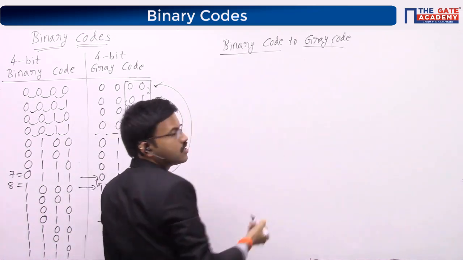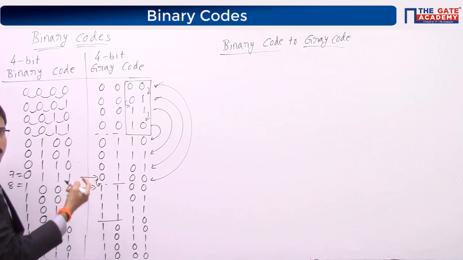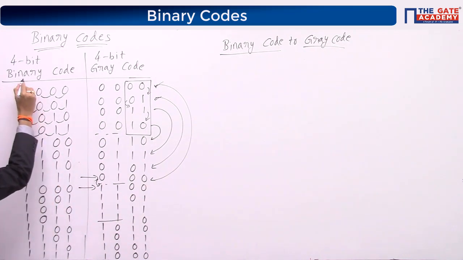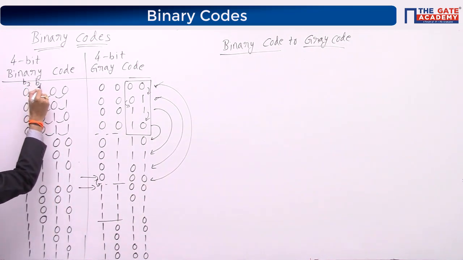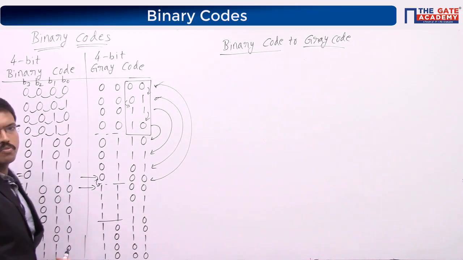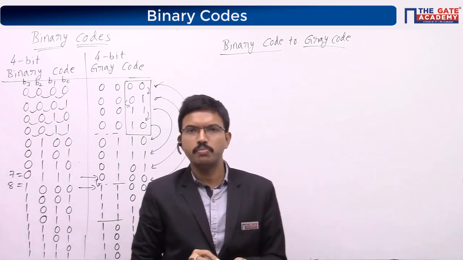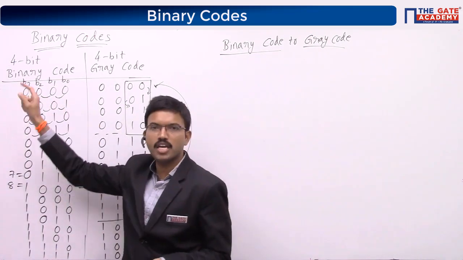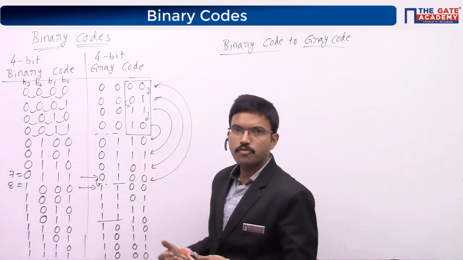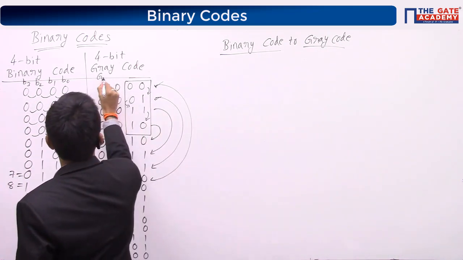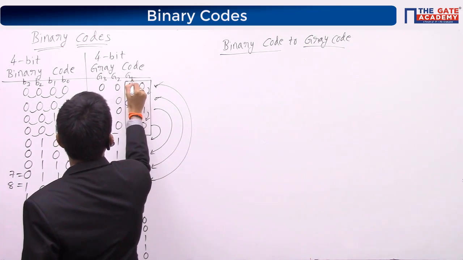Right. So here, for the 4-bit case we have considered, I am assuming the 4-bit binary code as B3, B2, B1, B0. Here B3 is the MSB. Similarly, I am assuming the 4-bit gray code as G3, G2, G1, G0.